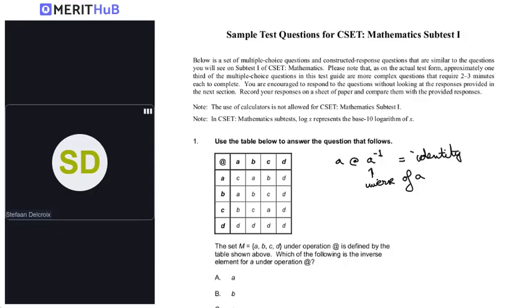So that's what I meant. You cannot answer this question until you find the identity first, because I don't know what I should get. A operation its inverse should give me the identity. Well, I don't know what the identity is. So first we have to find the identity. What property does the identity have? So how can I look at that table and figure out, oh, that's the identity?